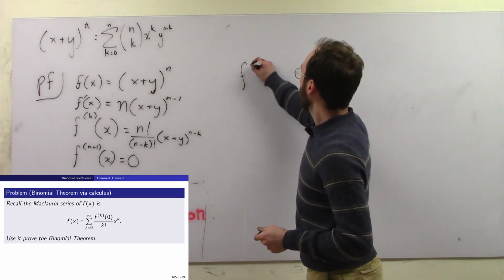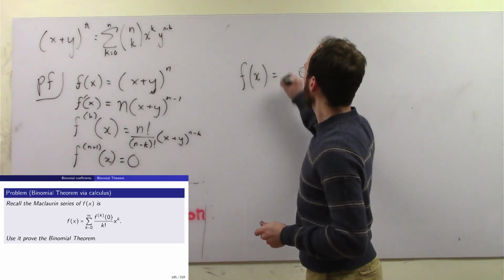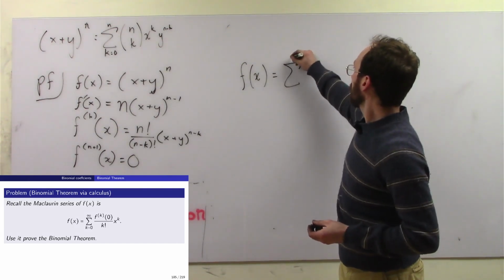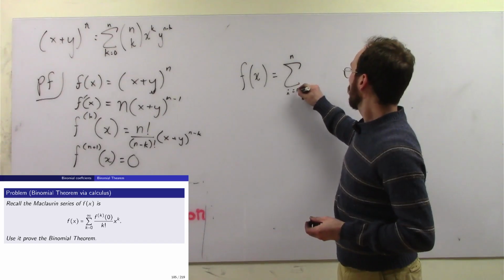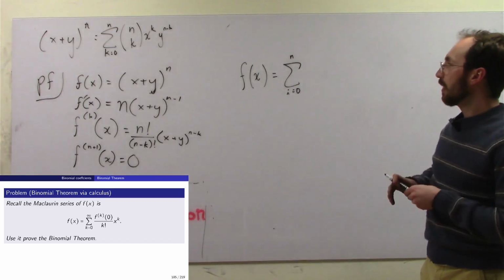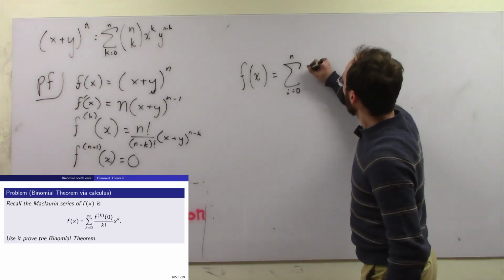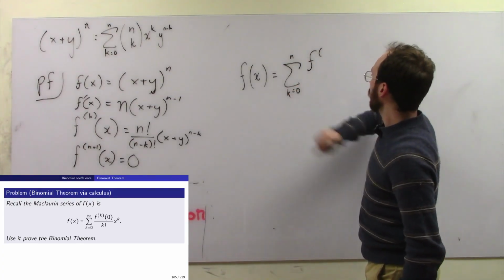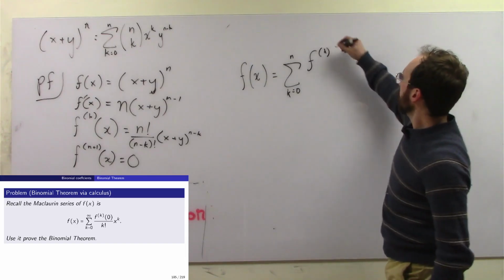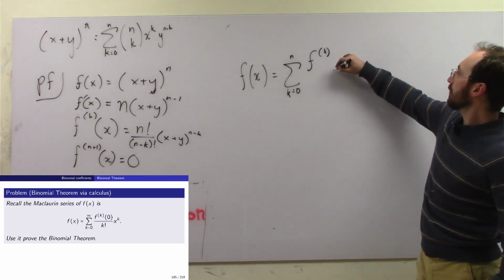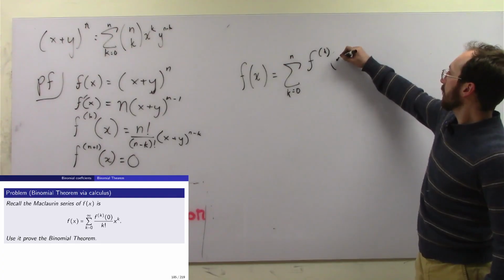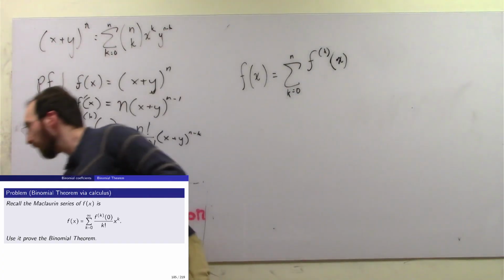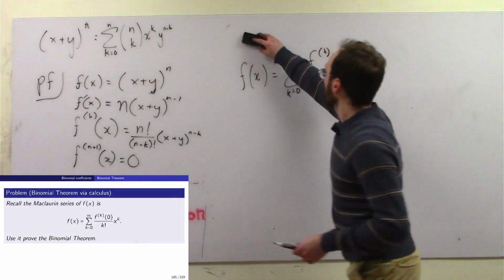Perfect. So let's write it out. Okay, the Maclaurin series has n terms, and they are, let's use k here, because that's what I've been using, the kth derivative of our function at x. Maybe I'll make this a little easier so I don't have to keep writing.